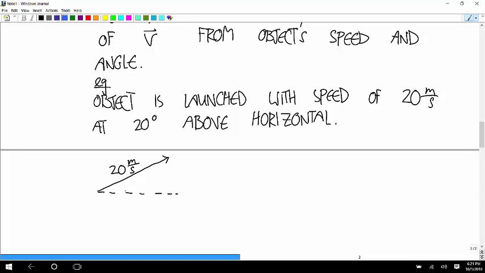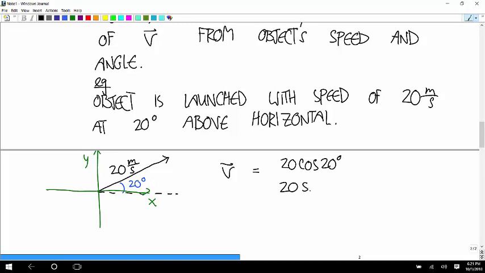It makes an angle of 20 degrees above the horizontal. And so if you use a coordinate system like this, then at that instant, the velocity vector is 20 times cosine of positive 20 degrees, 20 times the sine of positive 20 degrees, and that gives you a velocity vector of 18.8, I think, and then this one is 6.84.